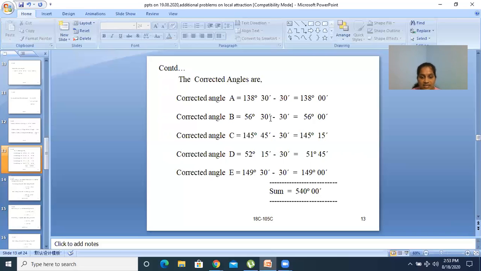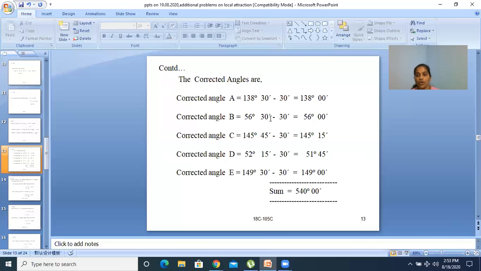For angle C, 145 degrees 45 minutes minus 30 minutes, that is 145 degrees 15 minutes. For angle D, 52 degrees 15 minutes minus 30 minutes, that is 51 degrees 45 minutes. For angle E, 149 degrees 30 minutes minus 30 minutes, that is 149 degrees 00 minutes.